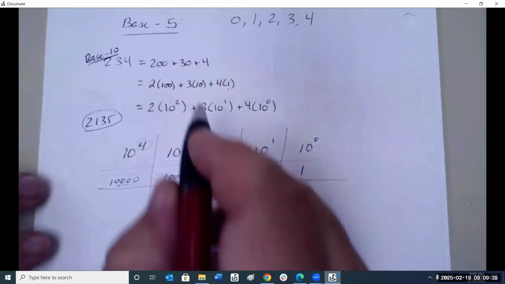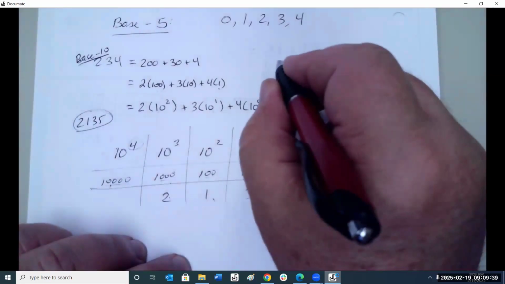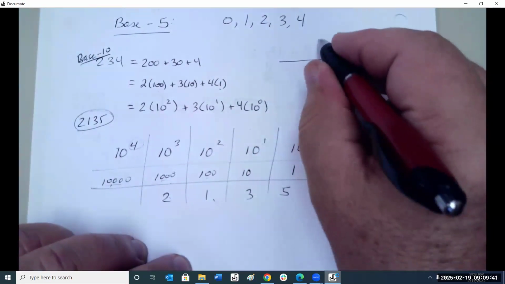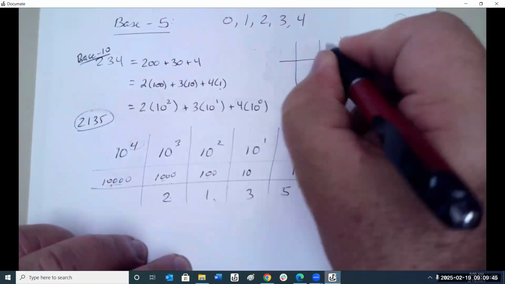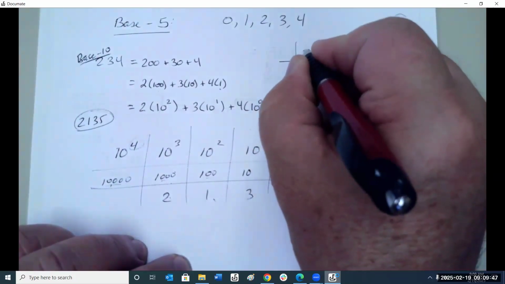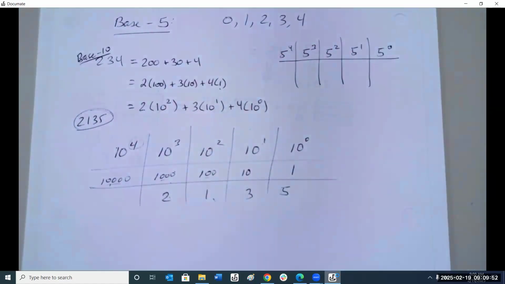We have to do the same concept now in base 5. In base 5, 5 to the 0, 5 to the 1, 5 to the 2, 5 to the third, 5 to the fourth. They keep on going.